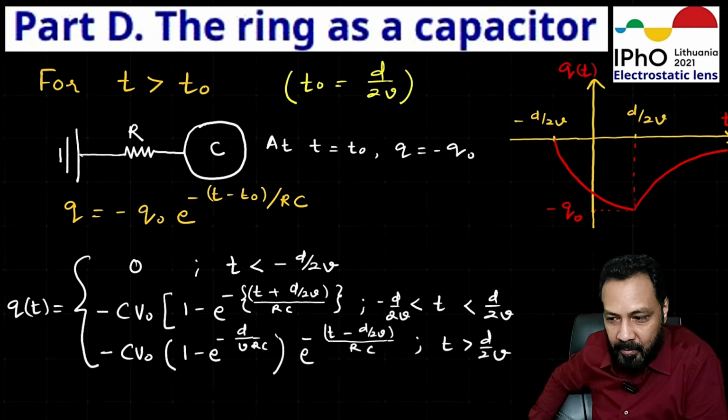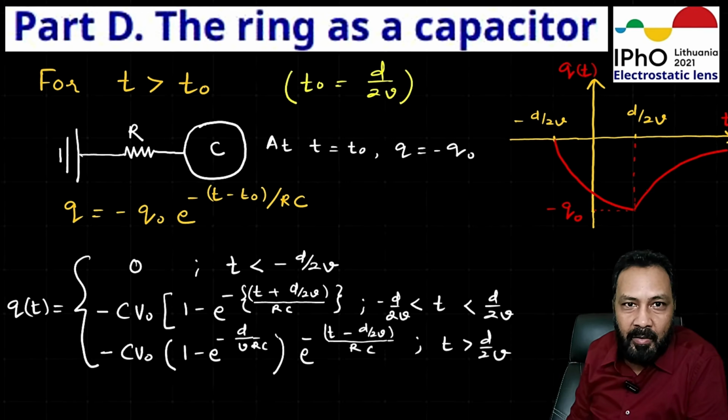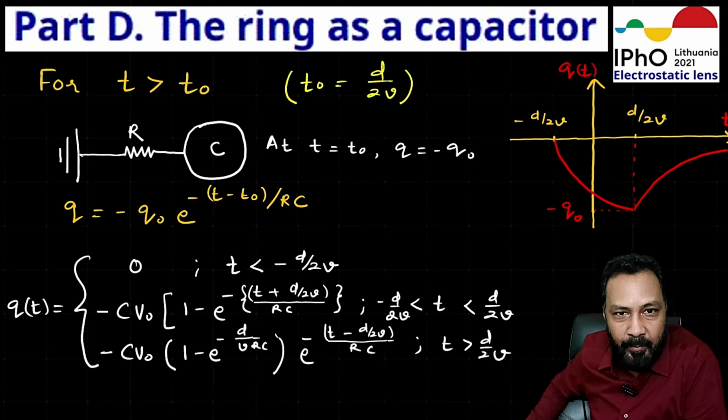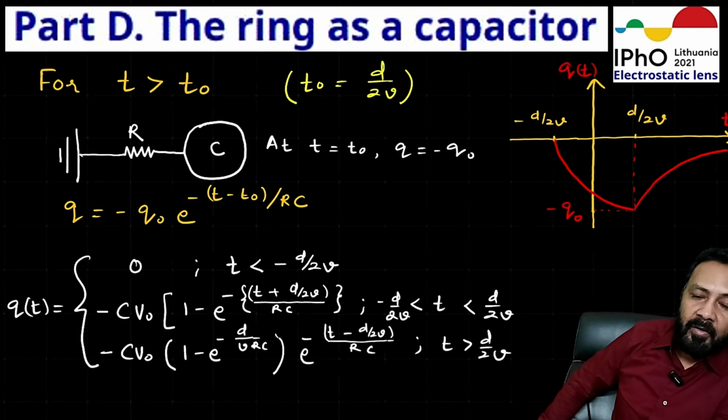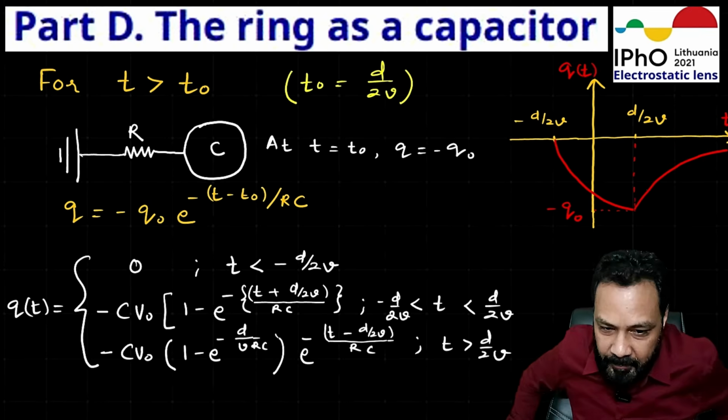Because the whole discharging time is very small. After a few time constants the charges practically become zero, and then the effect of the VR is no longer there.